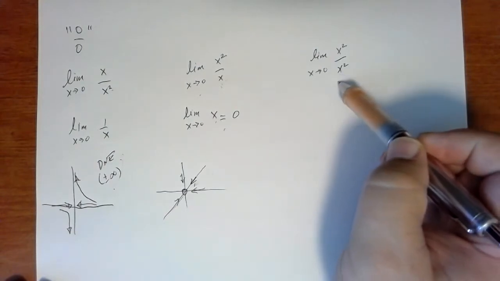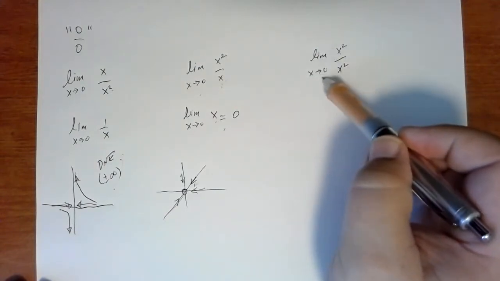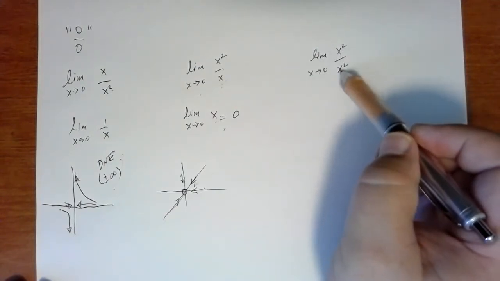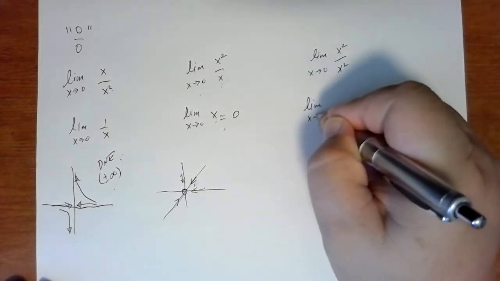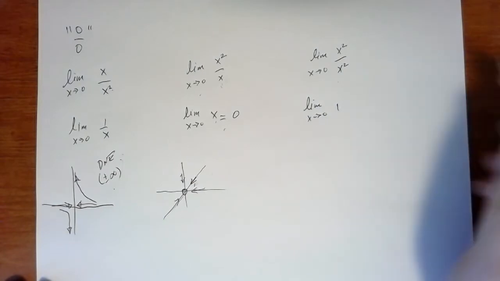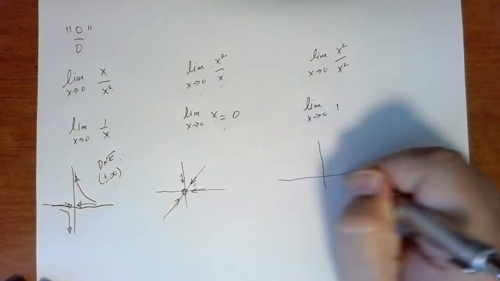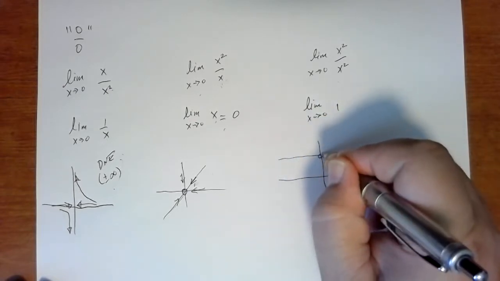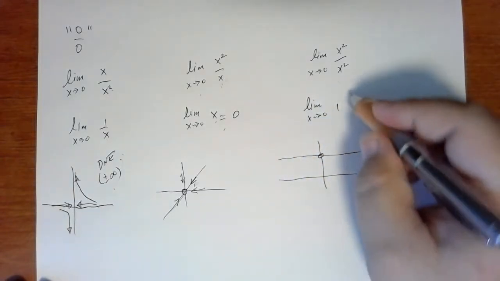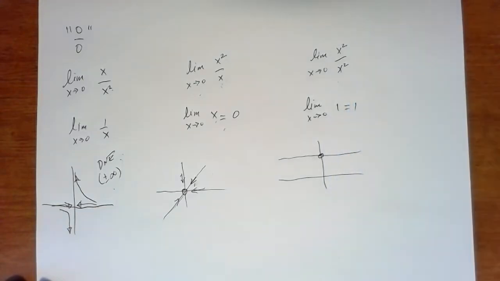And finally, what happens in this situation? Here we have the limit as x approaches 0 is 0 over 0, but this actually simplifies to 1. So this function is going to look like 1 everywhere except at 0. It's not defined, right? So in this case, the limit is 1.